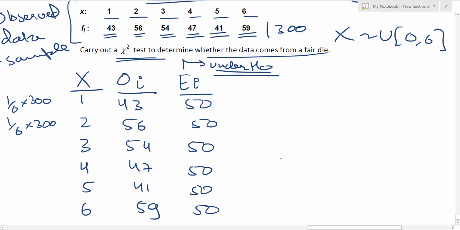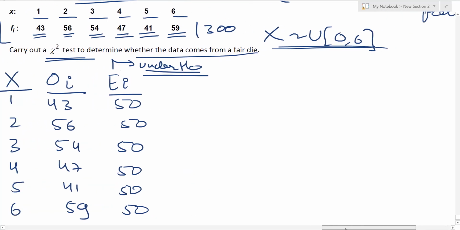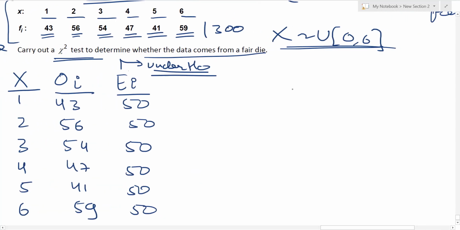Now how do we proceed with this? The point is that if the distribution is in fact uniform, then the observed frequencies and expected frequencies won't have much difference. The difference should be very low, and the difference which exists should be random.